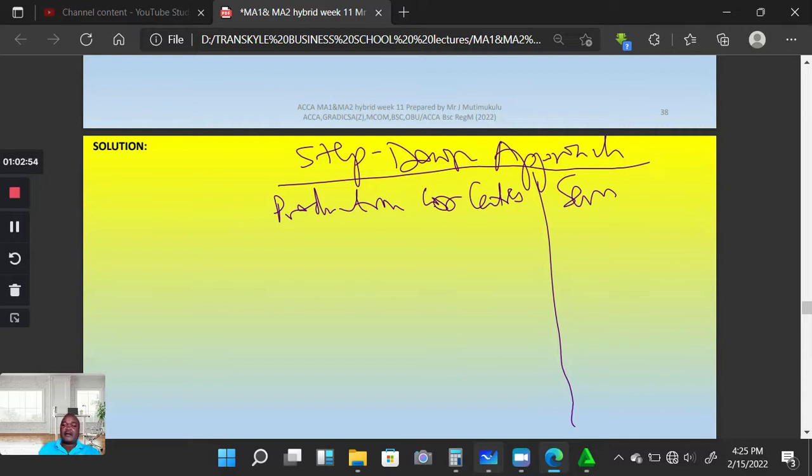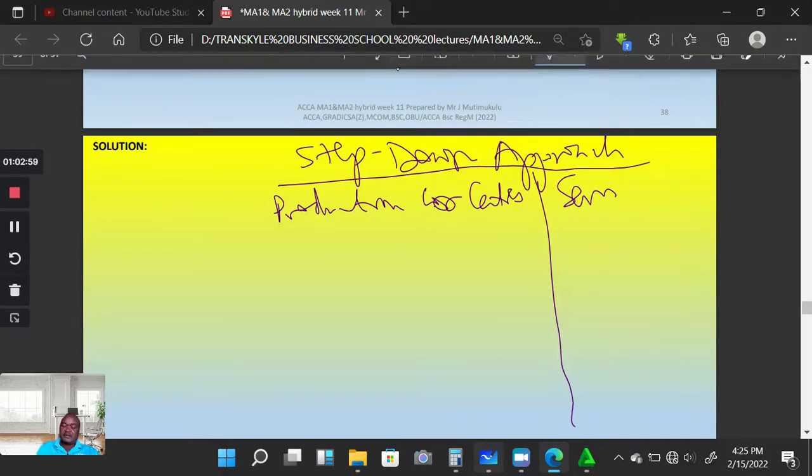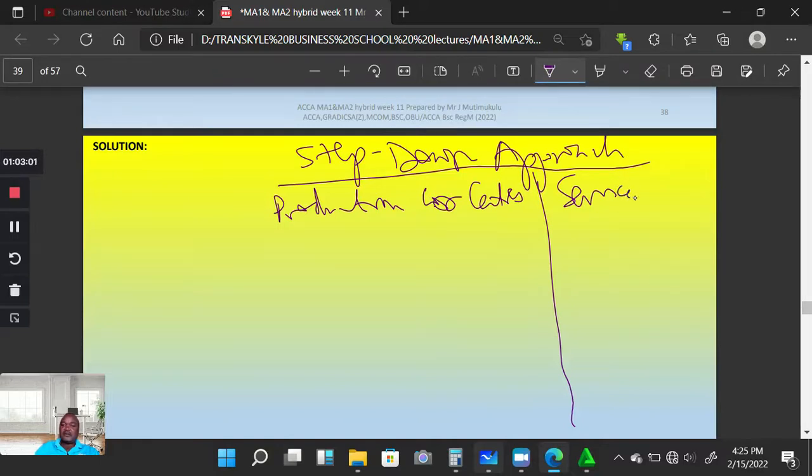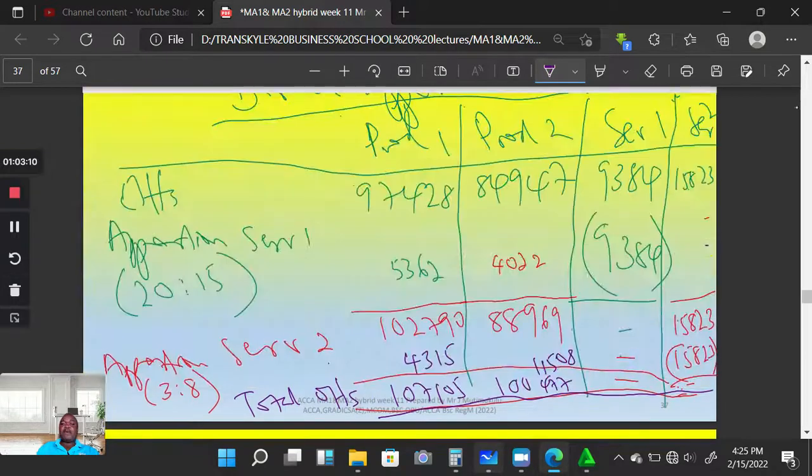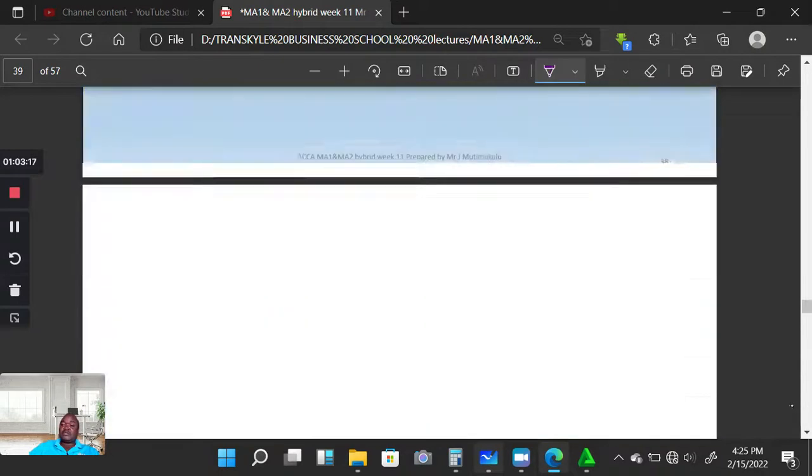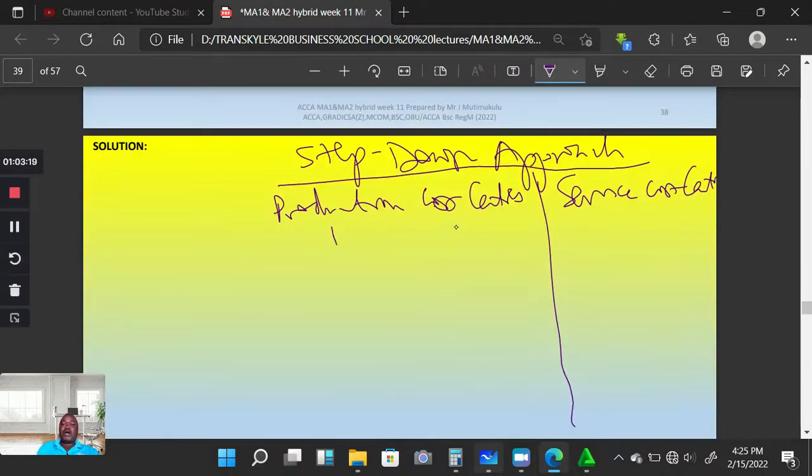The service cost centers. How many service cost centers do we have? We have center 1, center 2, production cost center 1 and cost center 2. So we've got 1, 2, 1, 2. So this time our job is not that complicated.